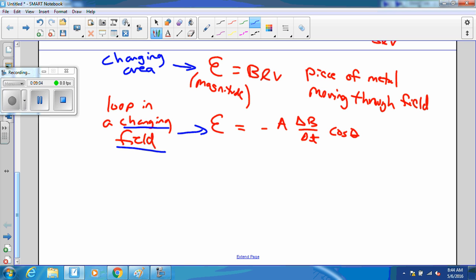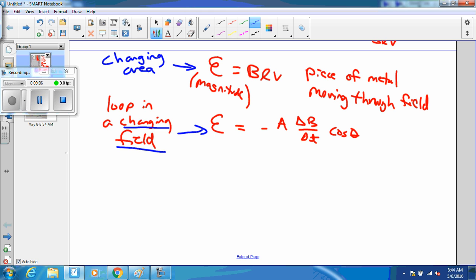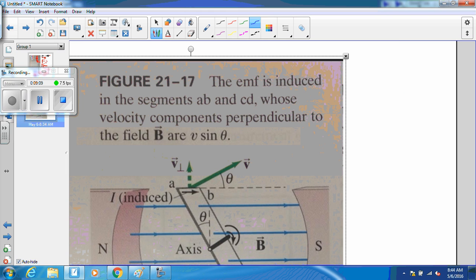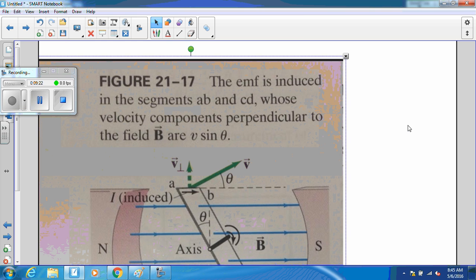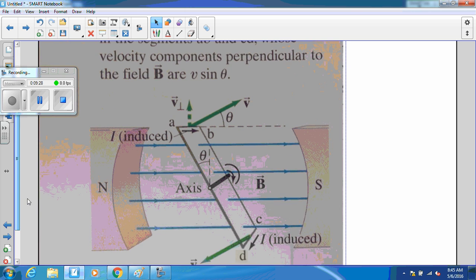Okay. Now, I want to take a look at the generator here. The book has a diagram of a generator. Let's see if we can make that diagram a little bit smaller so we can see the whole thing.